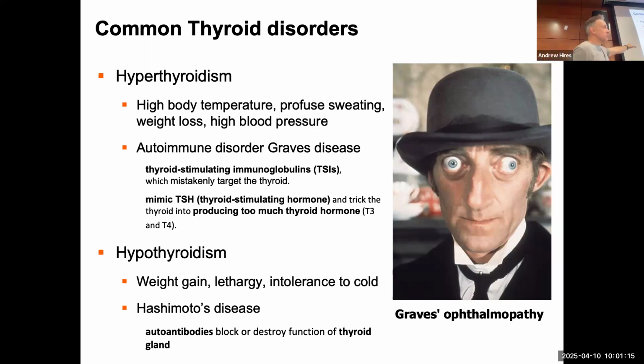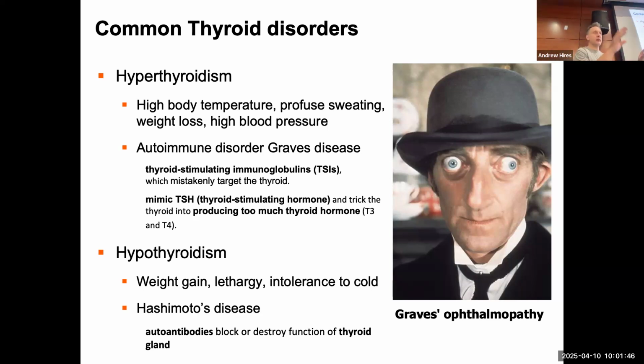One of them is Graves' disease. So a common form of hyperthyroidism is Graves' disease. This is caused by the immune system inappropriately creating some immunoglobulins that bind to thyroid stimulating hormone receptors in the thyroid gland. Okay, so imagine you have an immunoglobulin, like an antibody, right, that binds onto a receptor.